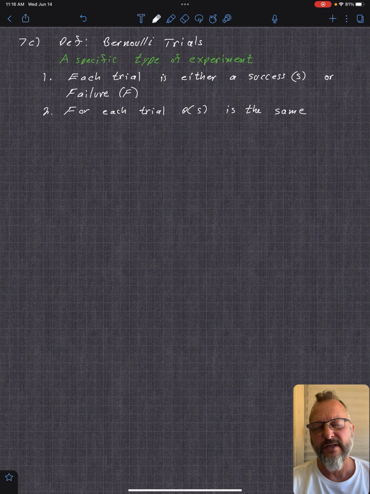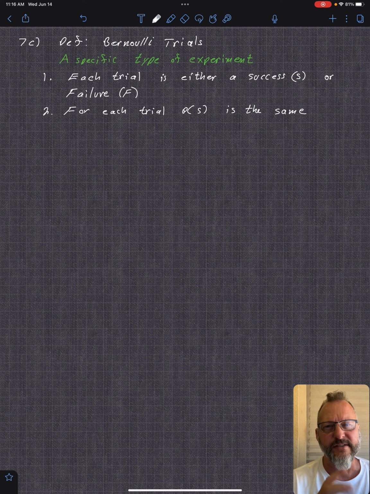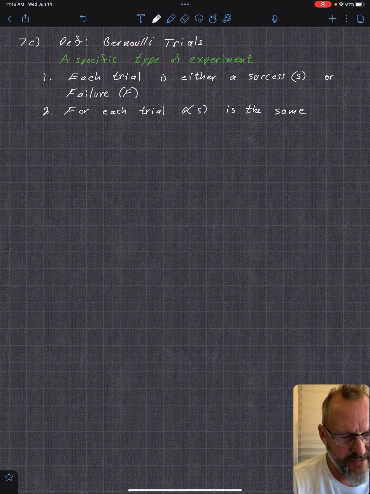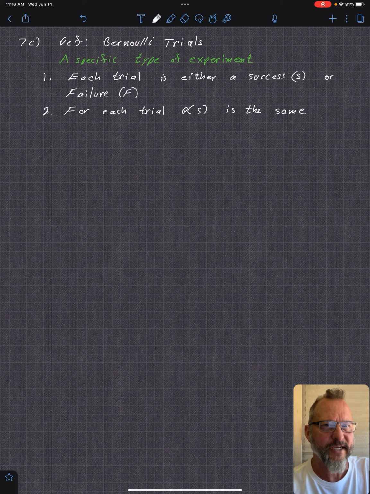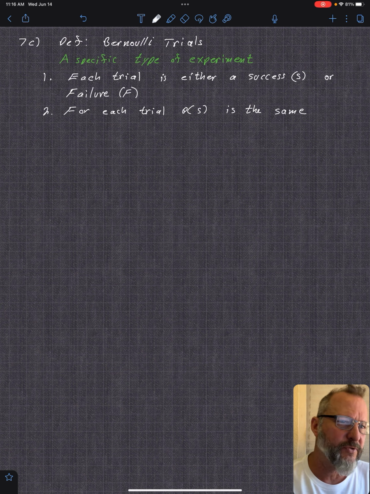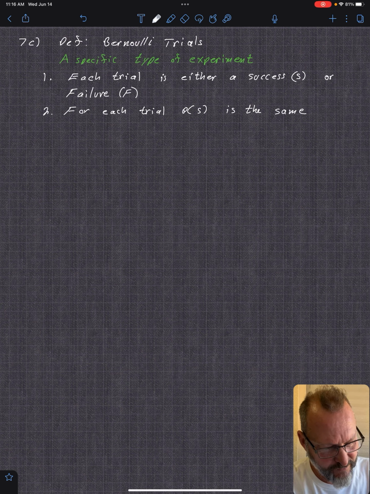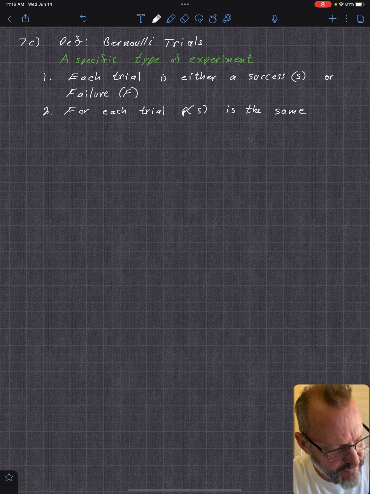You might have 10 successes, quote, successes out of maybe 100 parts, but that probability doesn't change for each selection. So it may or may not actually be a Bernoulli trial, but that's what you are assuming when you're doing this.